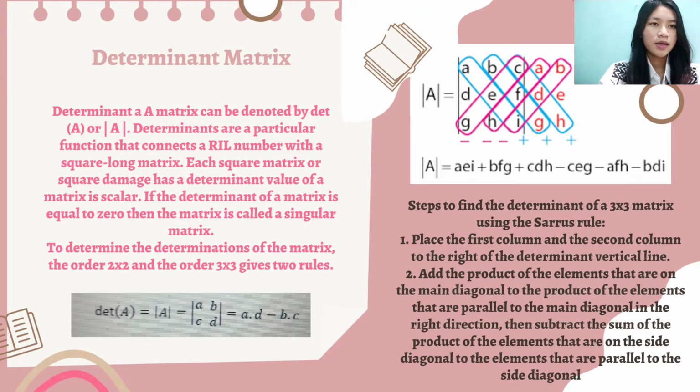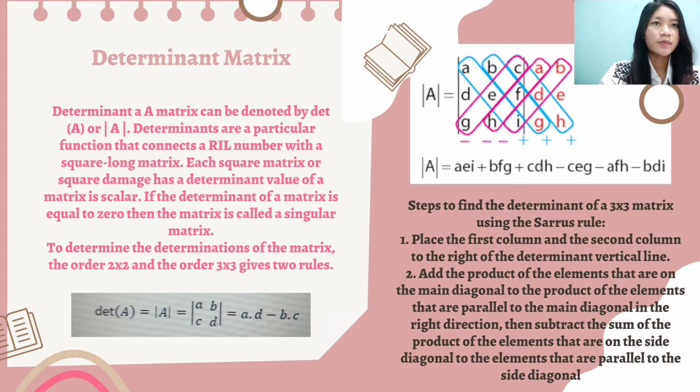Okay, next about the determinant of a matrix. What is a determinant? The determinant of a matrix can be denoted by vertical bars around A, or det A. It is a particular function that connects a real number with a square matrix. A square matrix has a determinant value, which is a scalar.